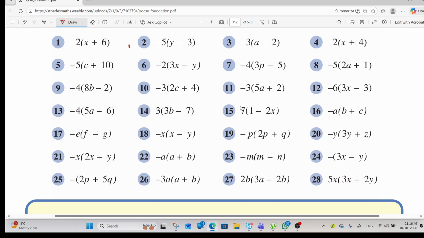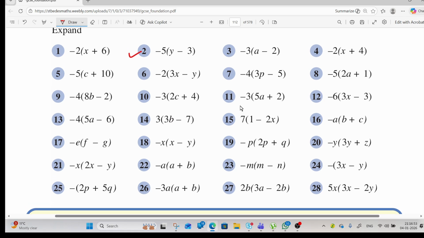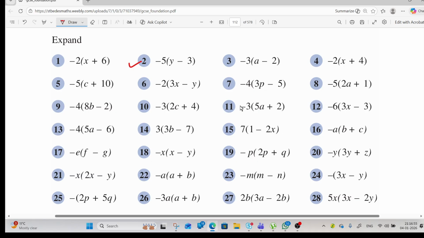Let's see this one. Try question number 2. First you do this times this, right?